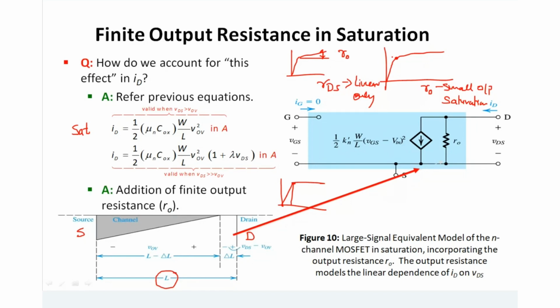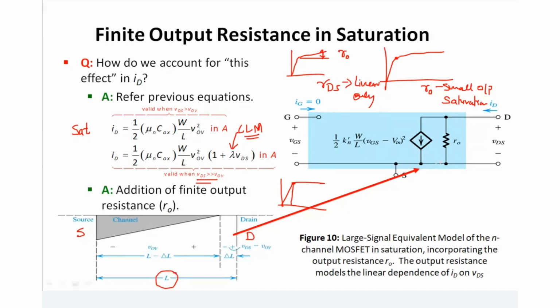But practically that is not the case, and to account for that, I'm including a VDS term along with the term delta, and this delta term is known as the channel length modulation term. That is how much dependency is introduced with respect to VDS in the saturation region, for the condition VDS much more than VGS minus VT.